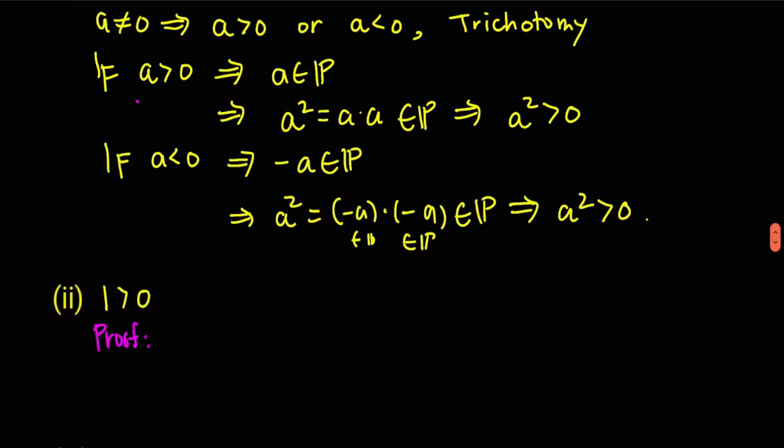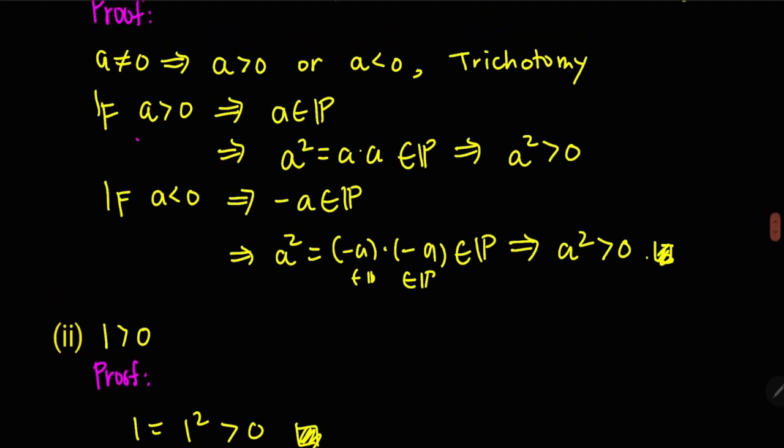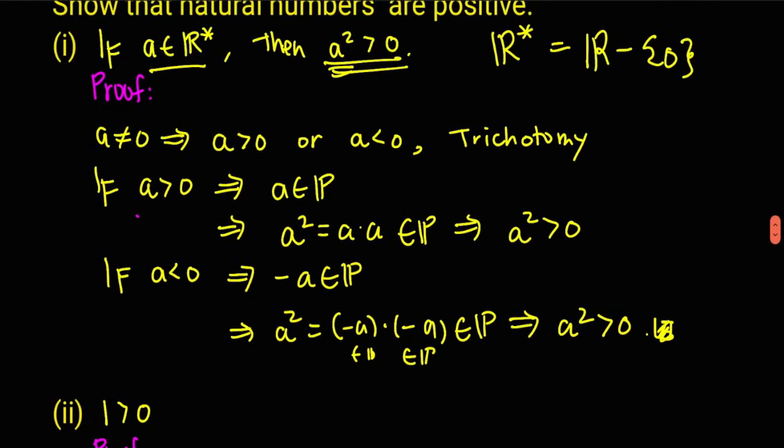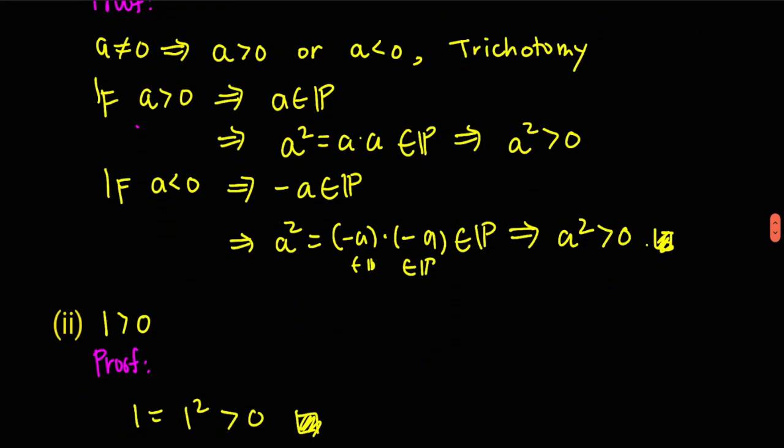Now, knowing that whenever you square a non-zero number, the result is always greater than 0, then 1, which is simply 1 squared, must be greater than 0. Simple as that. So, we already know two things. If you have a non-zero number and you square it, it's greater than 0. If you have the number 1, that's also greater than 0. Now, since 1 is greater than 0, if we add 1 plus 1, they are both positive.